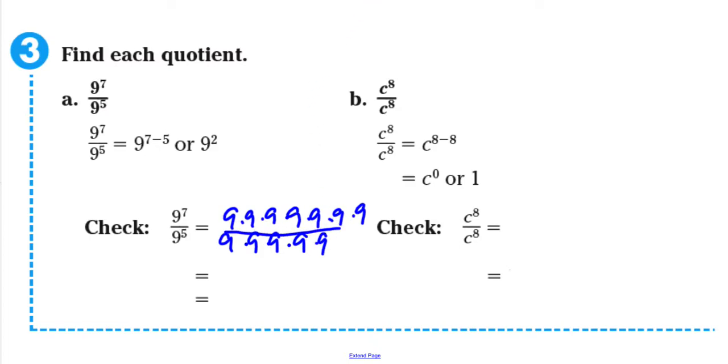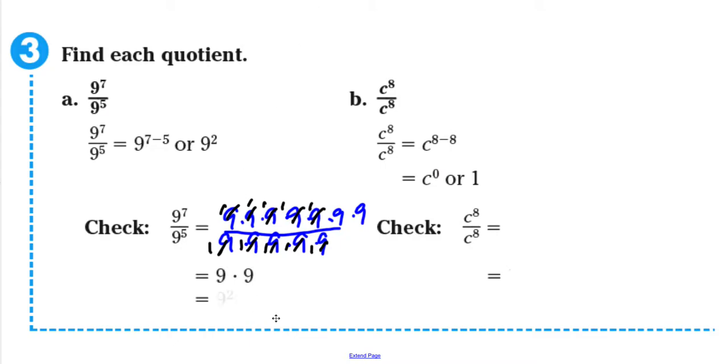Okay, and we cross that out and put ones. Common factors. One more, and we now have 9 to the 2nd power right there.